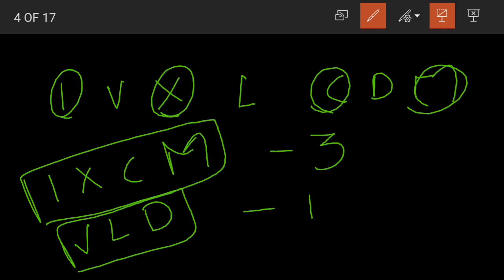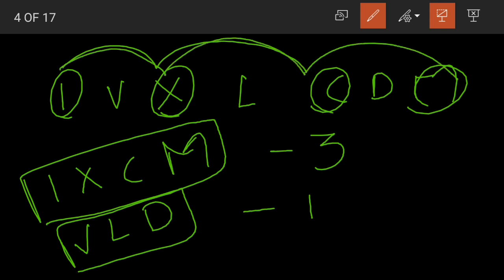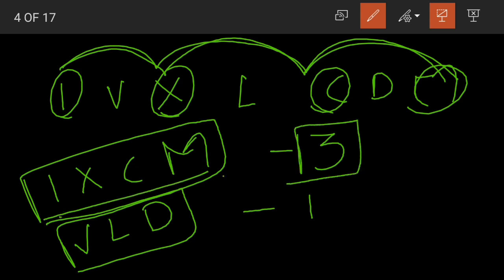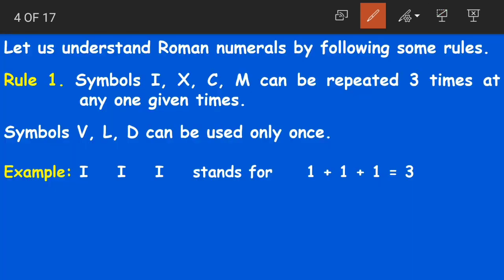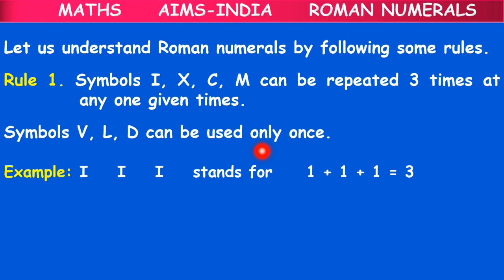Understood, children? You can remember these symbols like this. Take the alternating ones. It is like skip counting, right? Take the alternate symbols. These I, X, C, M can be repeated 3 times in a given number and V, L, D can be used only once. This is our rule number 1.